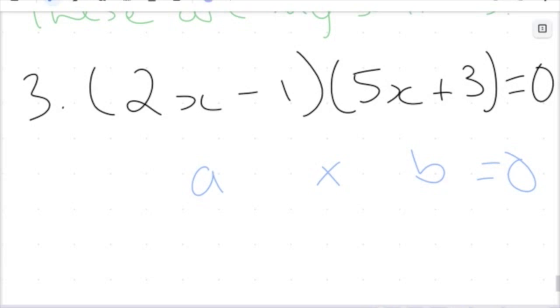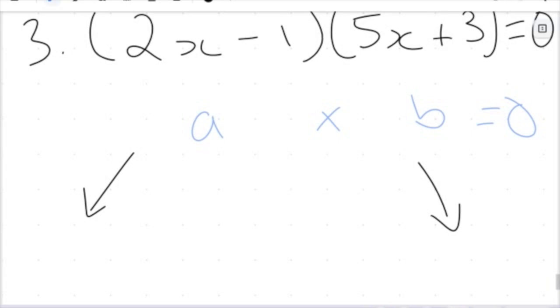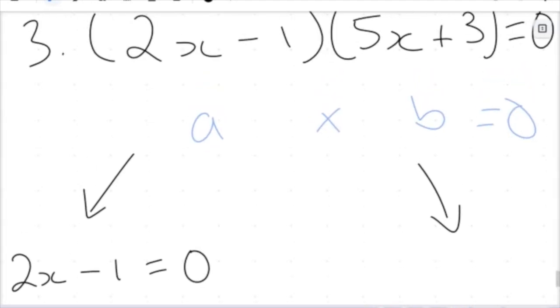So we can take our two different ways and find the two solutions to our equation. So my first option is my first one can equal 0, or my second one can equal 0.